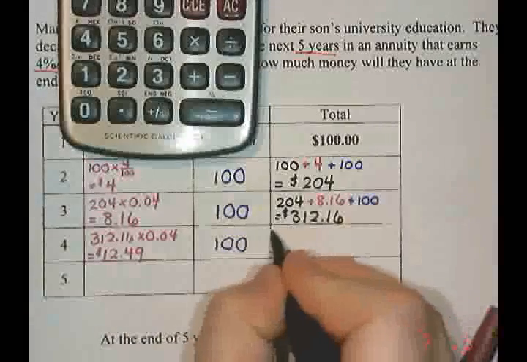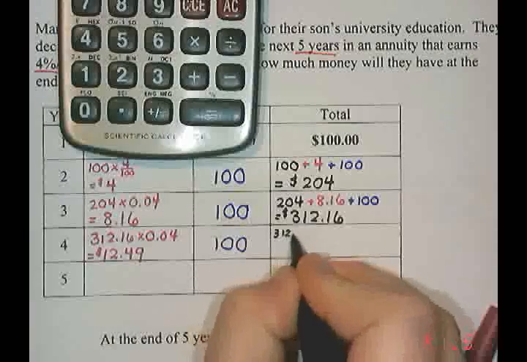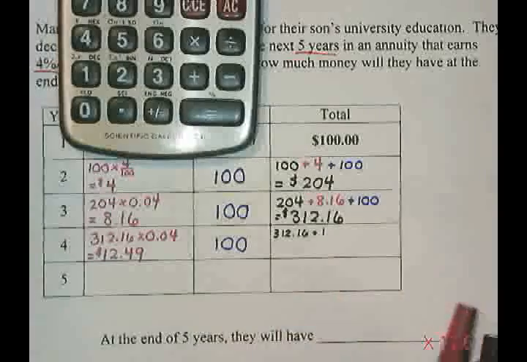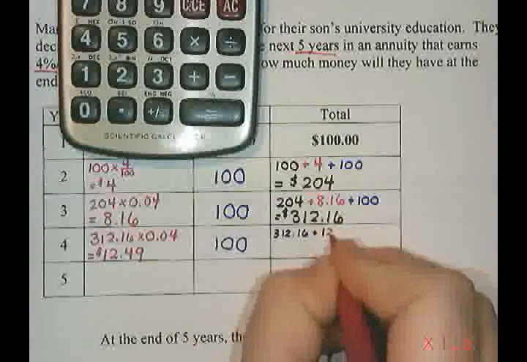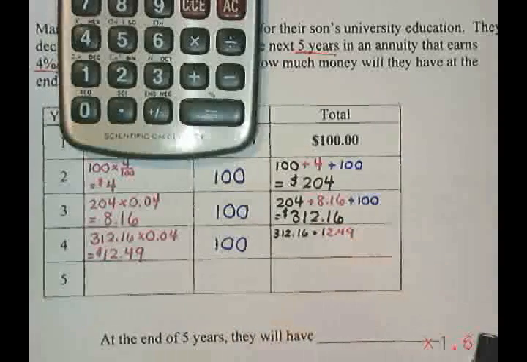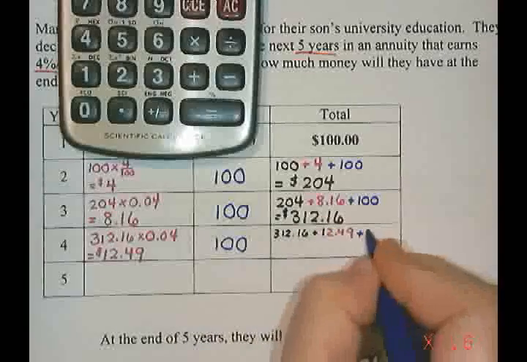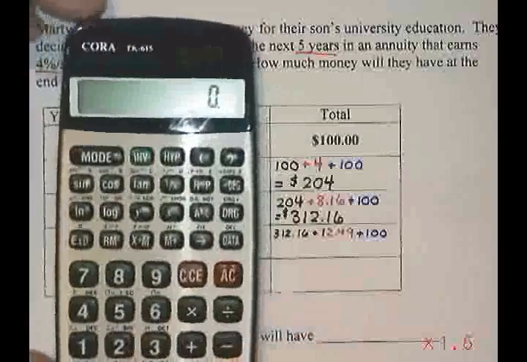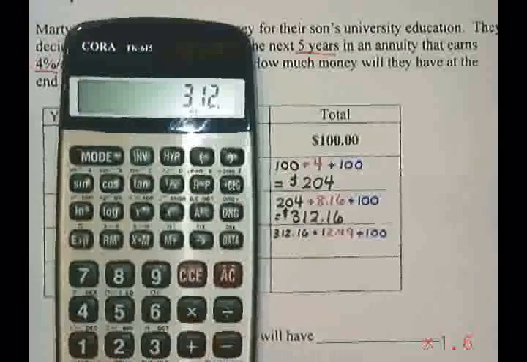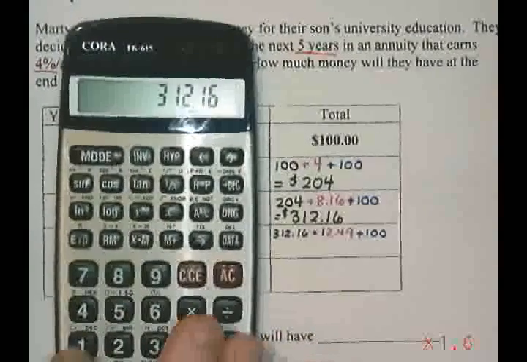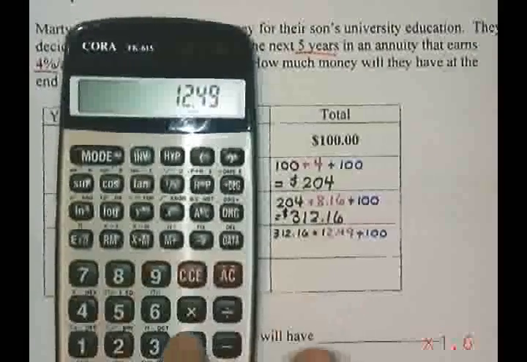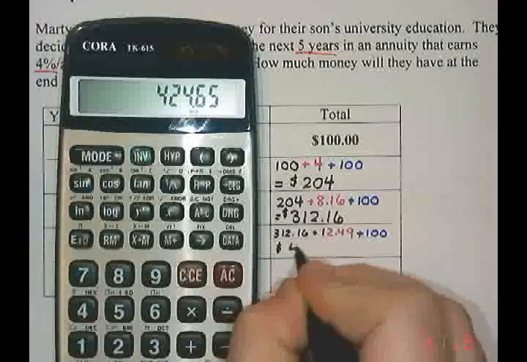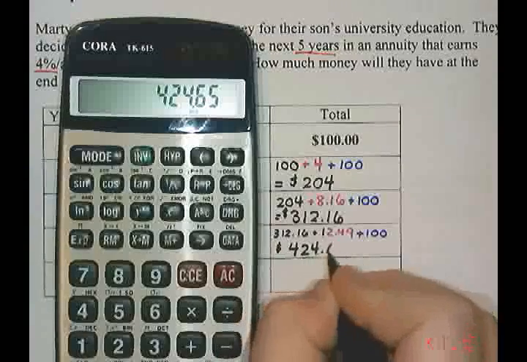So they have the $312.16 from last year plus $12.49 in interest, plus that extra $100 that they threw in, which means they now have $312.16 plus the interest plus the new amount that they're depositing. So they now have a grand total of $424.65.